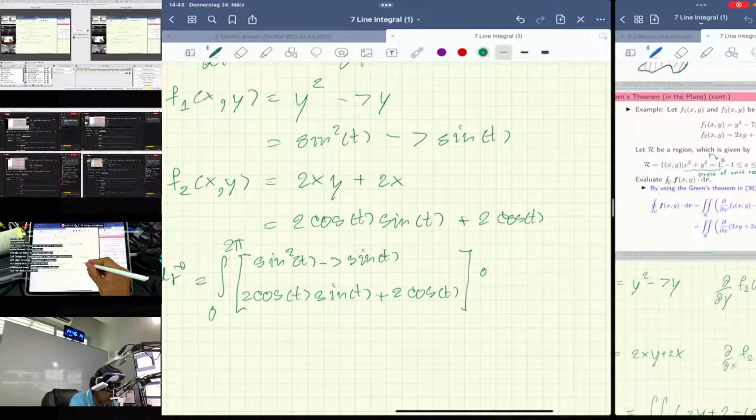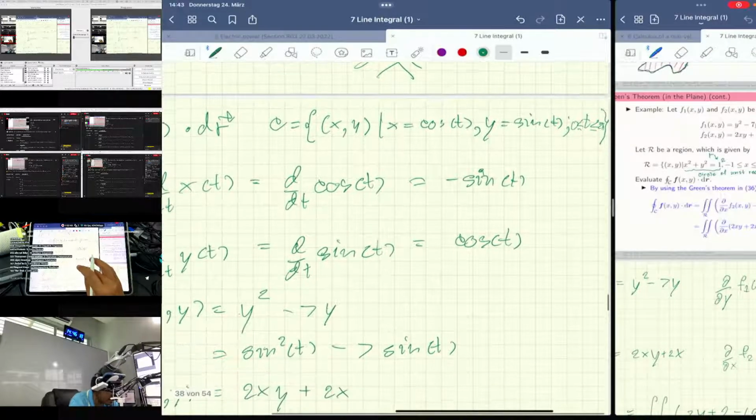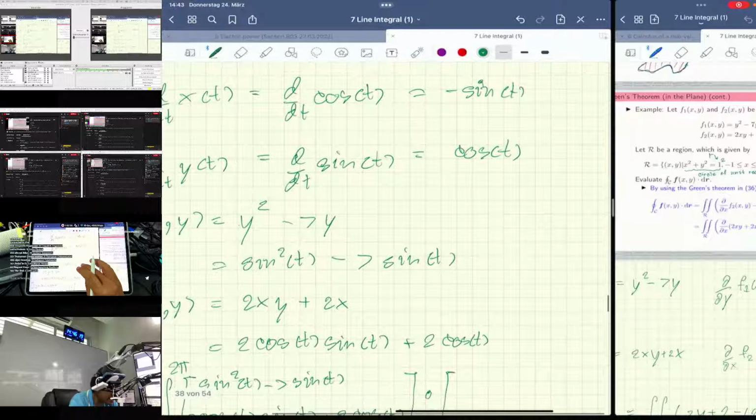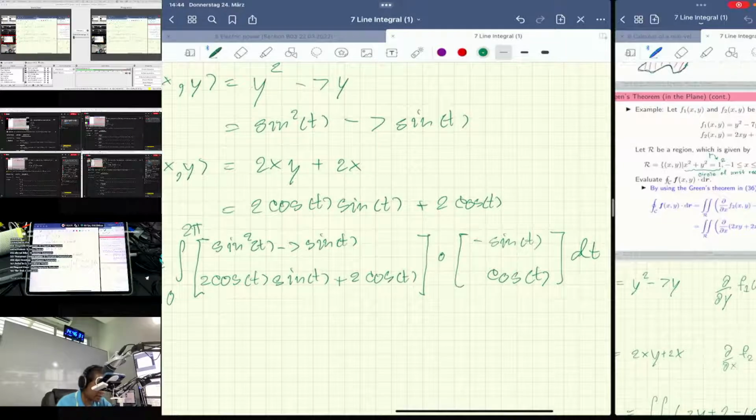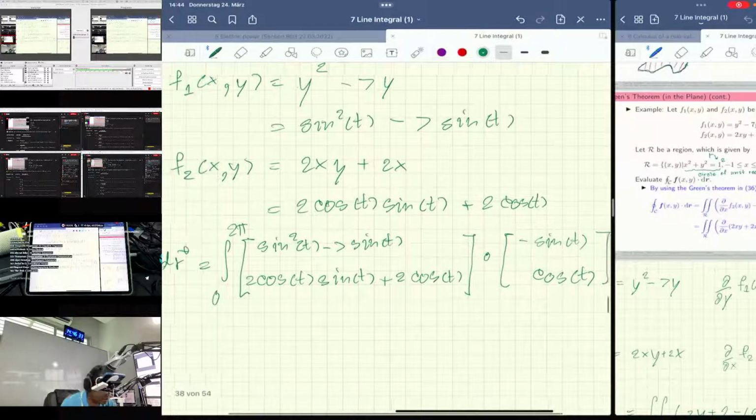And the next one is the result after the derivative, negative sine t and cosine t. And you need to make the dot product.